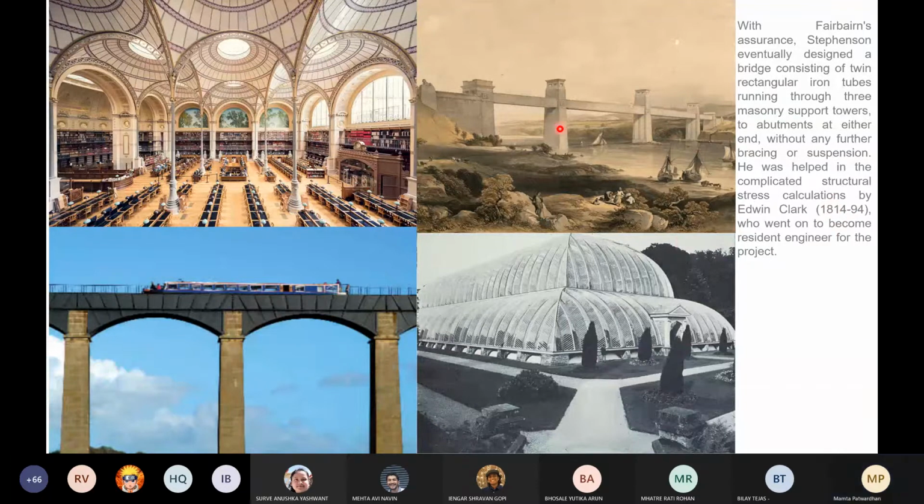Now, can you recognize this? This is the Great Stove, and it was designed by the famous Joseph Paxton.